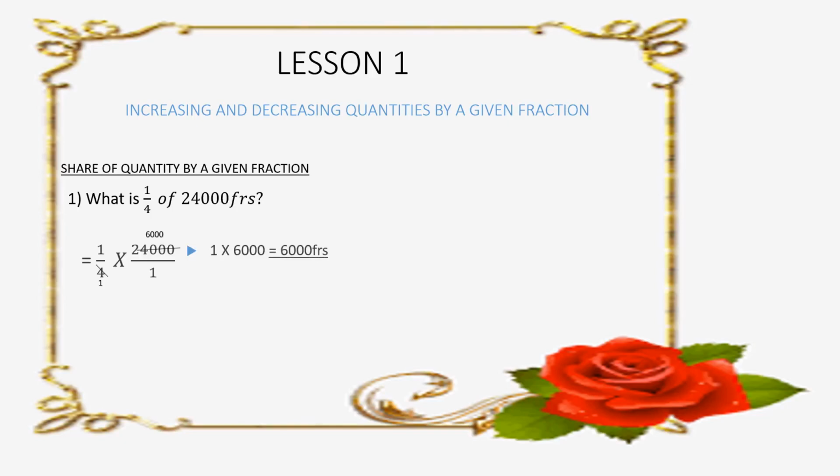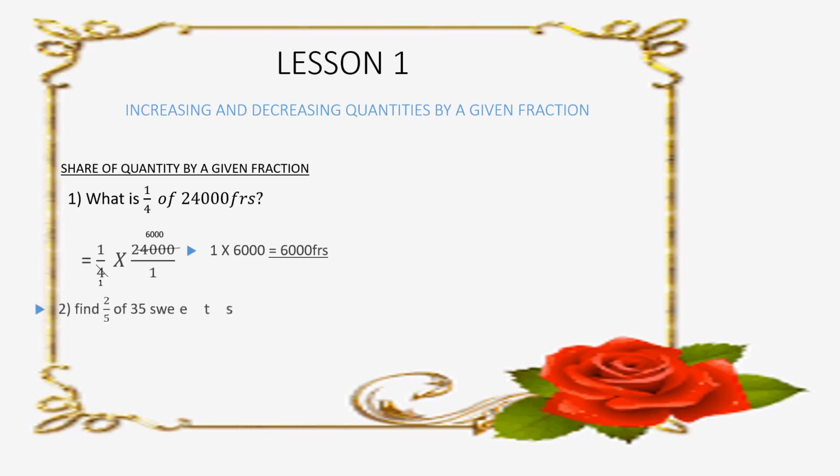So 1/4 of 24,000 francs is 6,000 francs. That is all for looking for a share of a quantity by a given fraction. We simply change the of to multiplication, then we simplify, and boom, we have our answer. As simple as ABC.